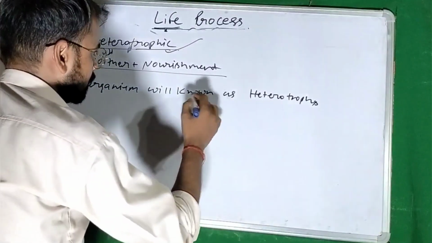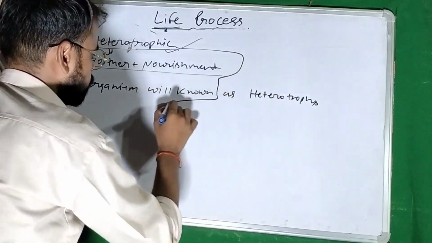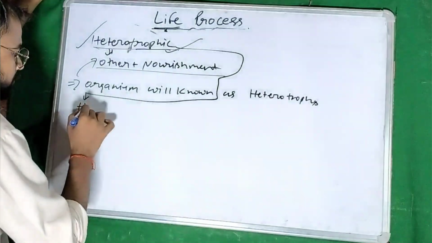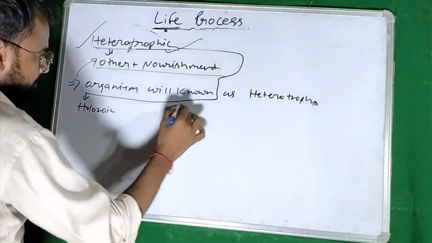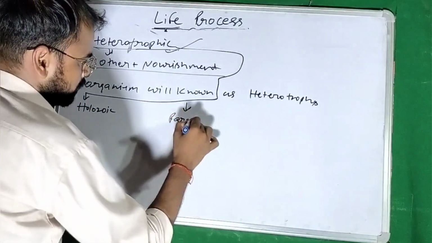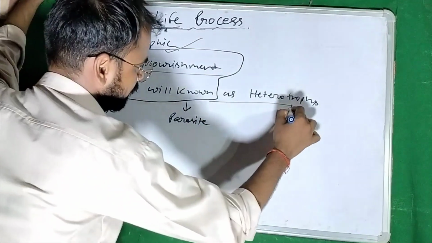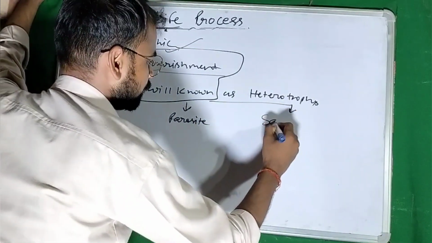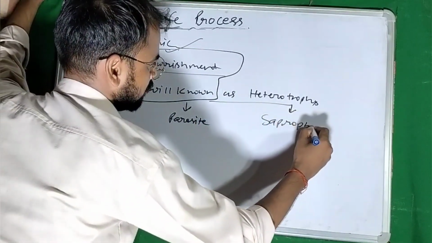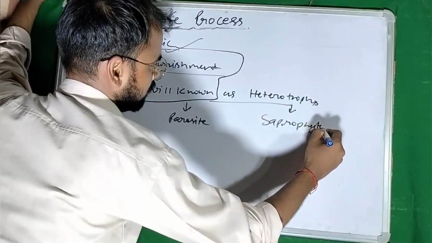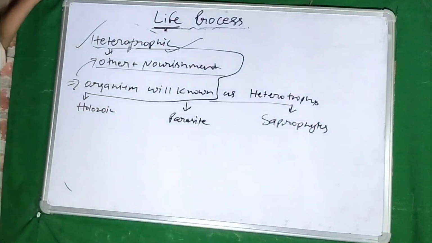Number one is holozoic. Second is parasite. Third is saprophyte.